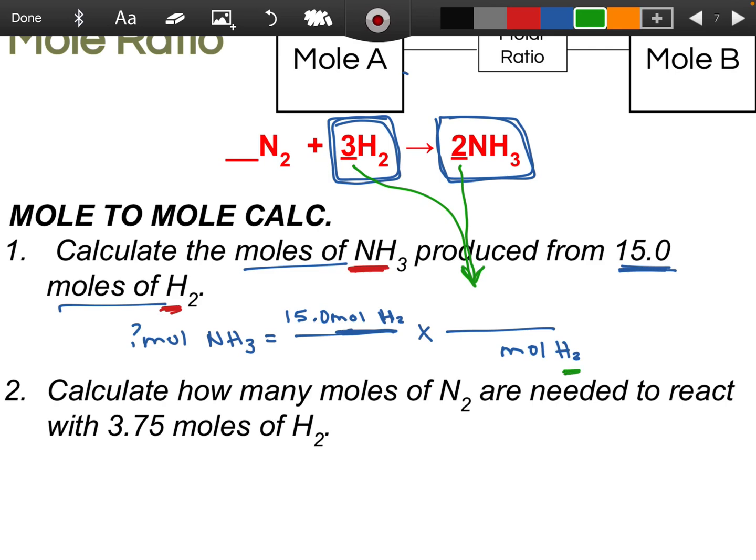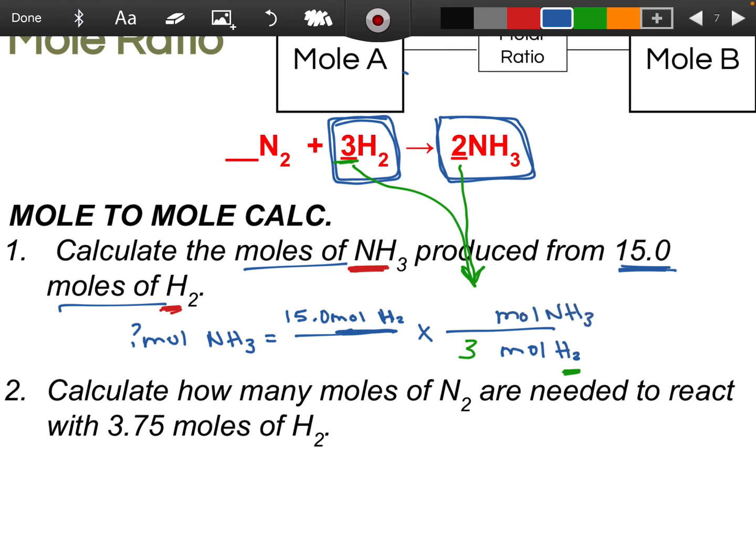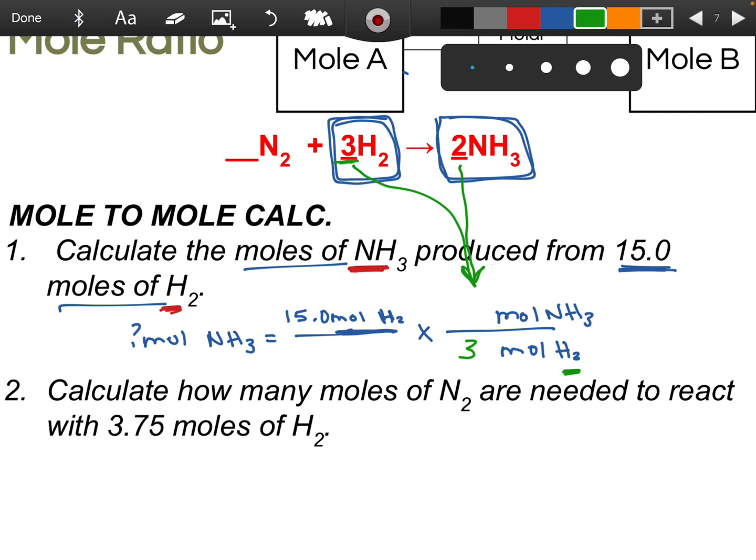So moles of H2, my balanced equation tells us is 3. We want to know moles of NH3, so that's going to go on top. The balanced equation tells us that for every 3 moles of H2, I'm going to produce 2 moles of NH3. So that would be your mole ratio that you would add to the second step of the problem.